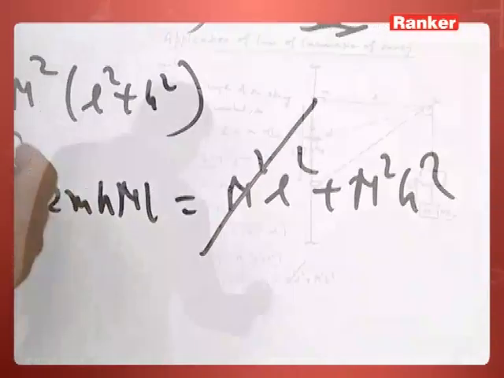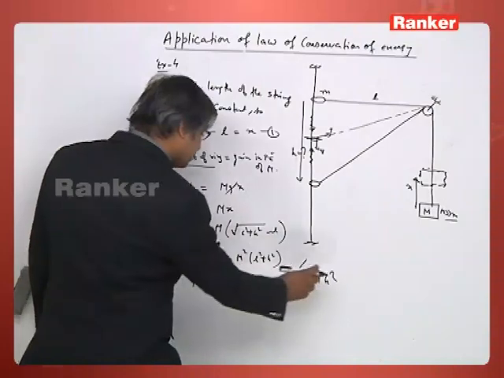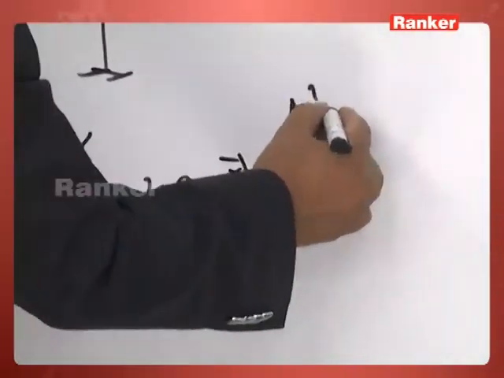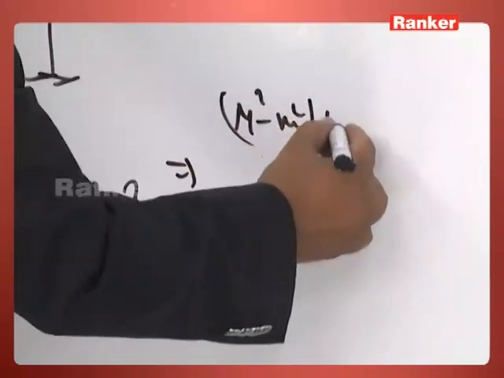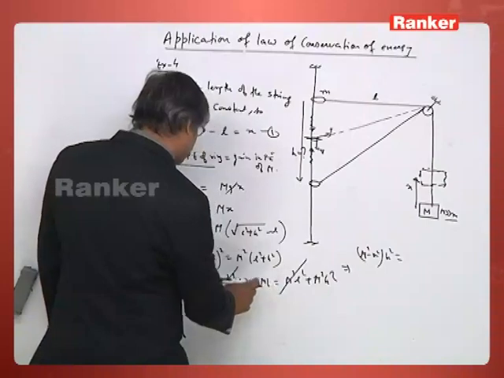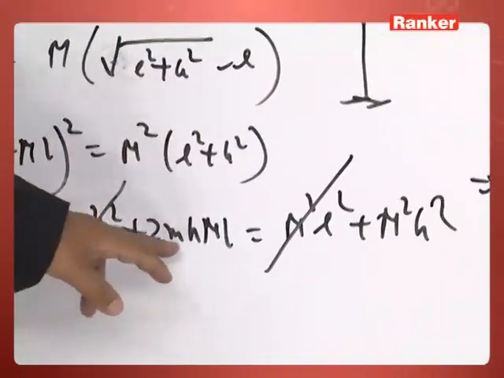So this term cancels out and we will bring this h here, which implies M square minus m square H square is equal to 2, this is minus here, so this is 2mhML.